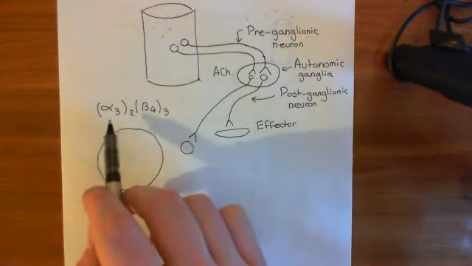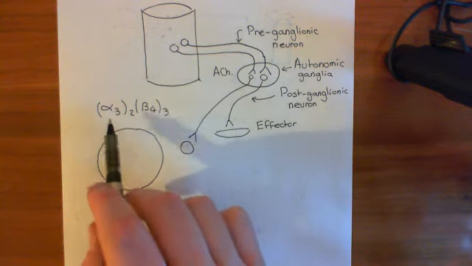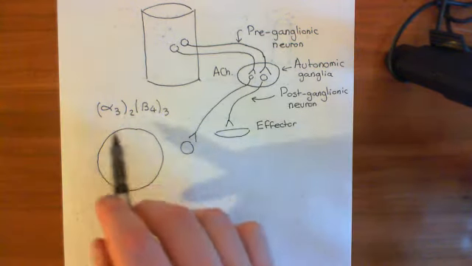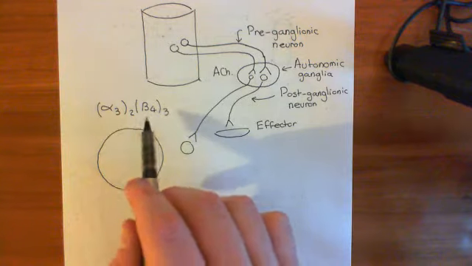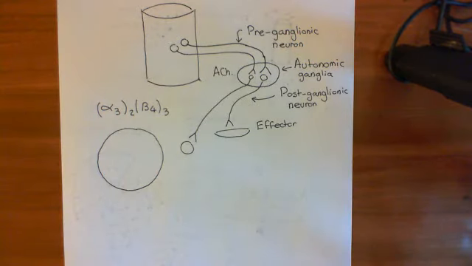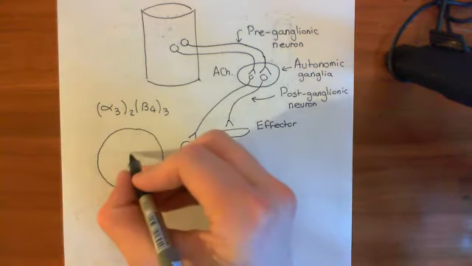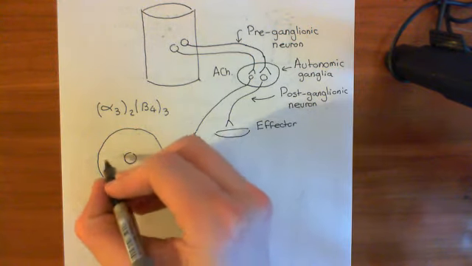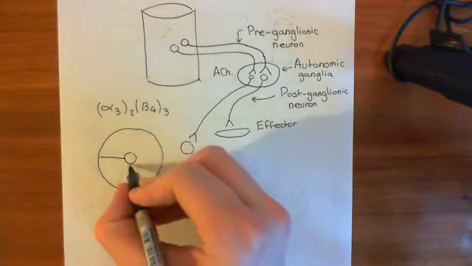So this contains only 2 of those. It contains alpha 3 subunits, it needs 2 of those to build the receptor, and it needs 3 beta 4 subunits. So let me show you how they're arranged relative to one another. Okay, so here's our pentamer again.